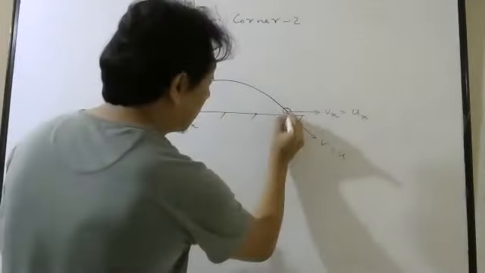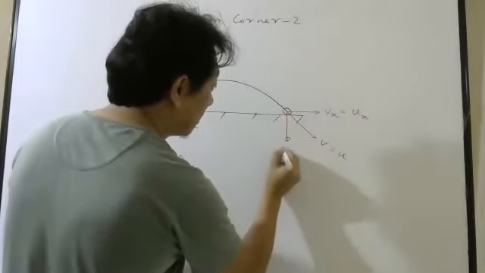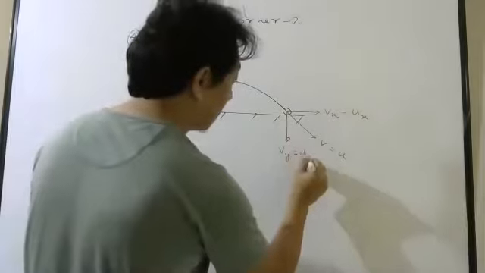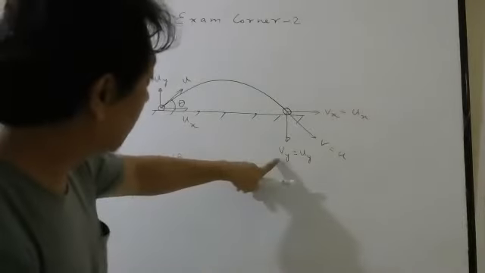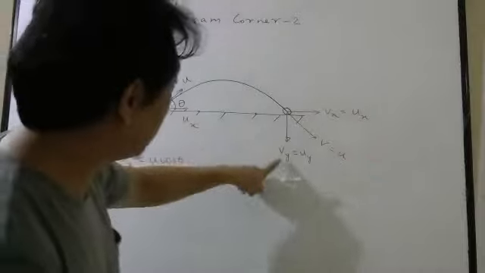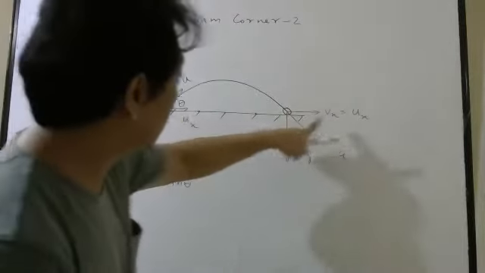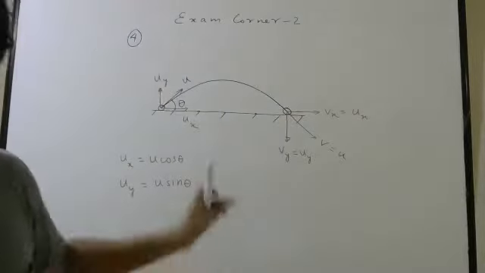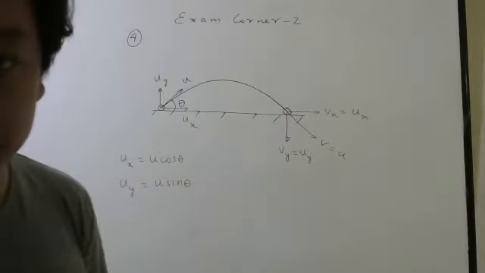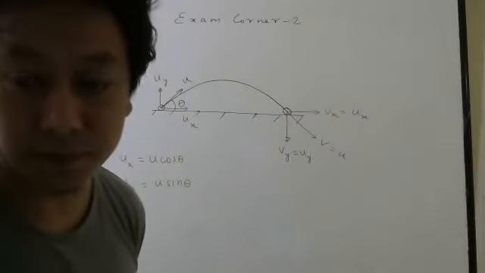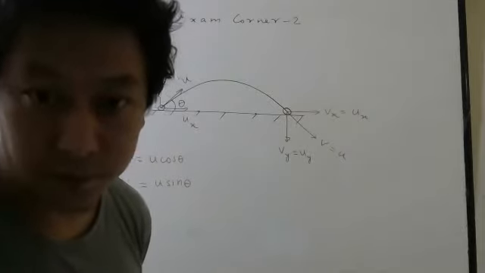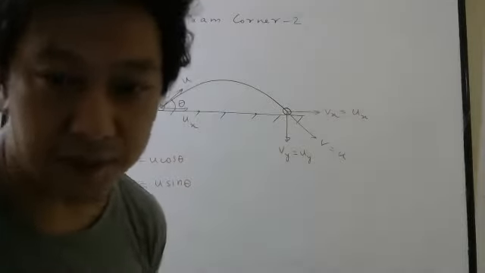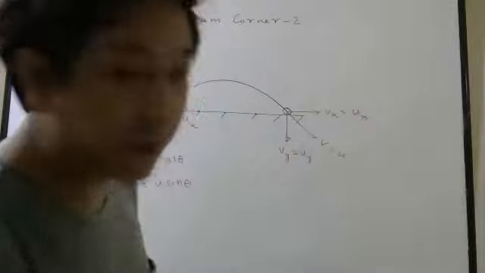So the y component of the speed, vy, will also be the same as uy. So the y component of speed here and here will be the same. The x component of speed also will be the same. Therefore, the speed here will be the same as here. Till here understood? Everyone? If any doubt is there, tell me, sir, please explain how this is the same.